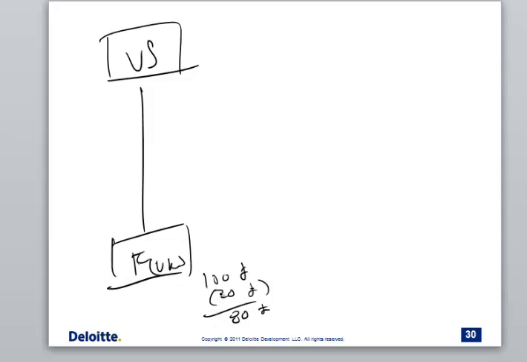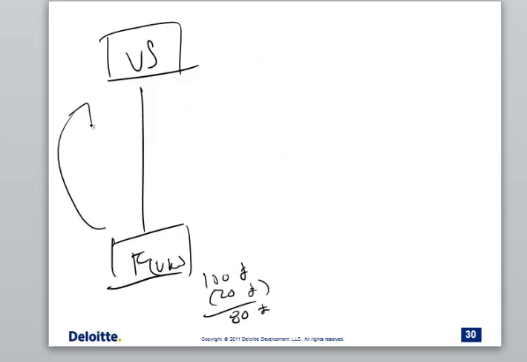Okay? So, if you were to repatriate, if there was no currency difference, you would assume you'd pay an incremental 15 of U.S. tax, assuming that the exchange rates are 1 for 1. Right?